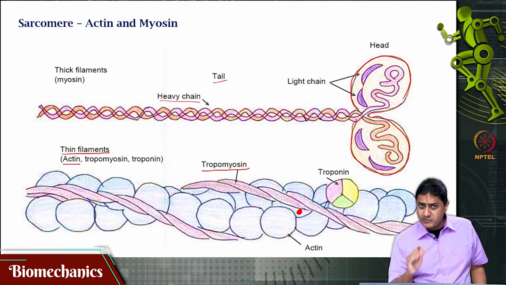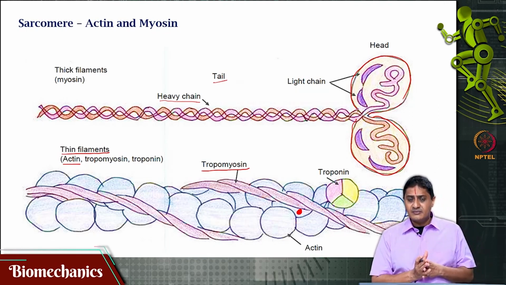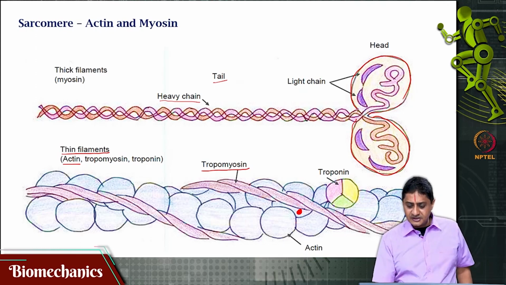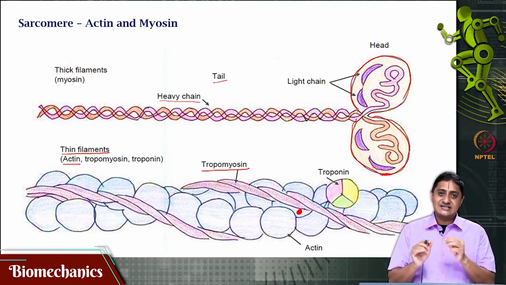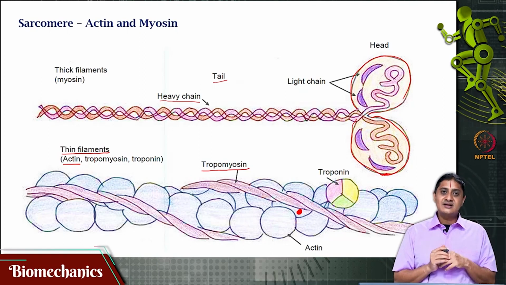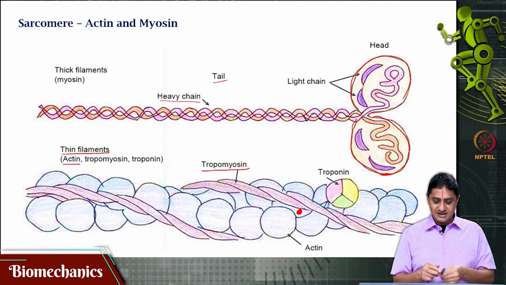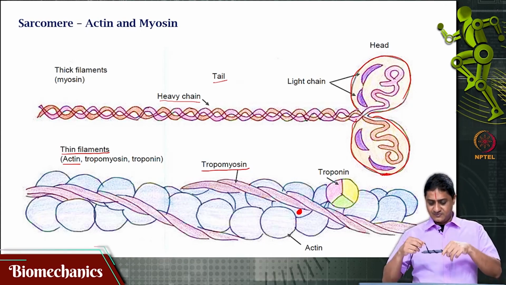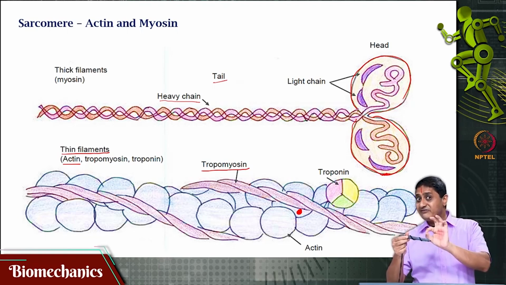There are some very important regions within the thin filament actin which have the capability to attach to the head of the thick filament. The head of the thick filament can attach only to specific regions in the thin filament, and these are hidden at rest by the thread that is surrounding like this. Just below this thread there is the active region, the binding site where the thick filament can attach, but it is not visible.